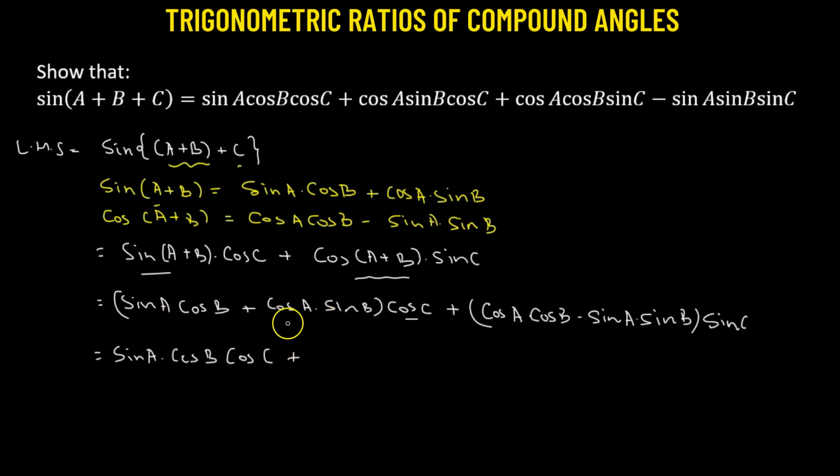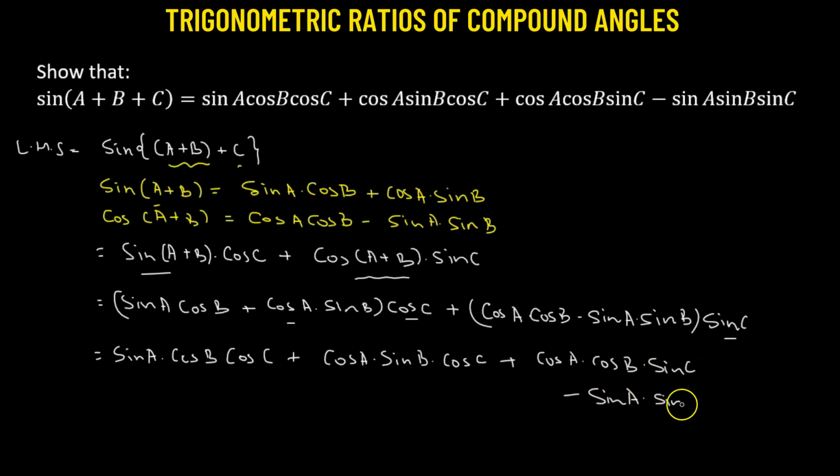Then the next term will be cosine a multiplied to sine b multiplied to cosine c. Then we have cosine of a multiplied to cosine of b times sine c, and the last term will be negative sine a times sine b times sine c.